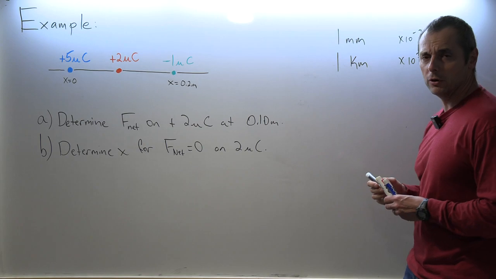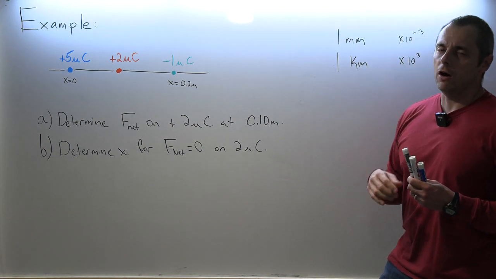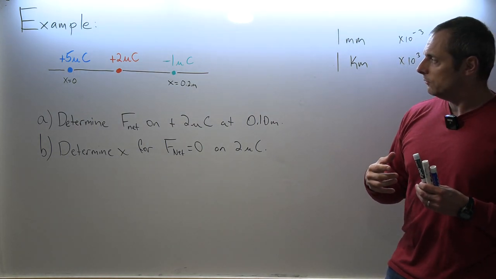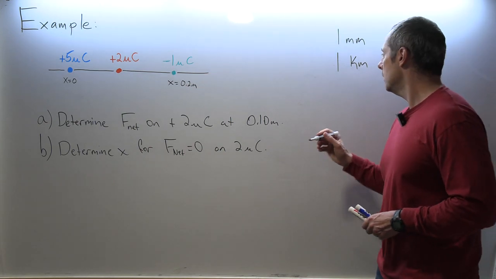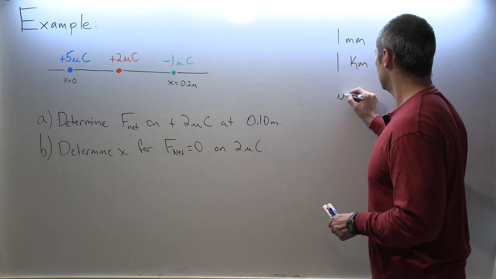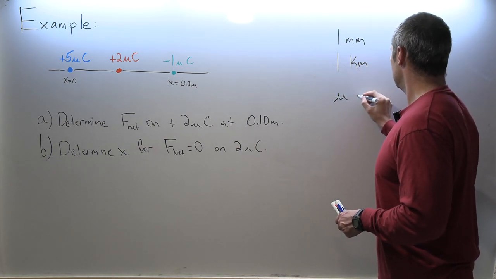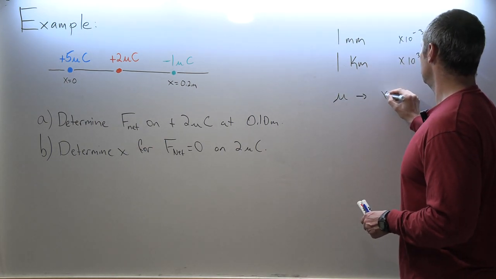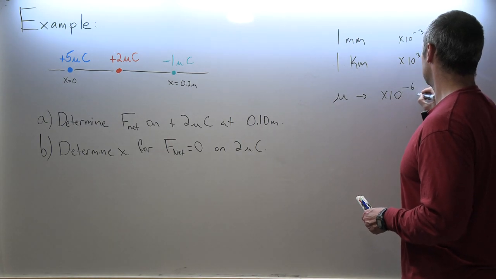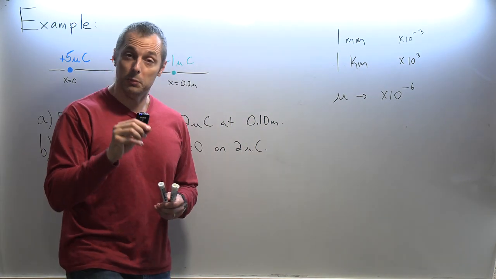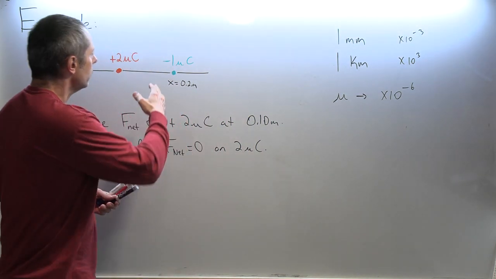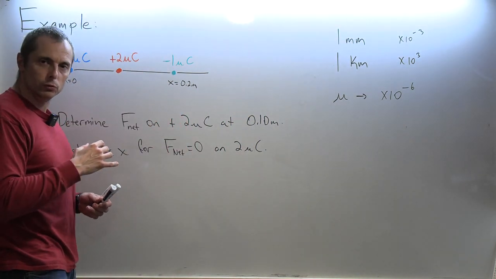So we're familiar with those. Well, there are other prefixes for things beyond 1,000 or divided by 1,000. Micro is times 10 to the minus sixth of anything. So you could have a micrometer, and that would be a millionth of a meter. Or a microcoulomb is a millionth of a coulomb.